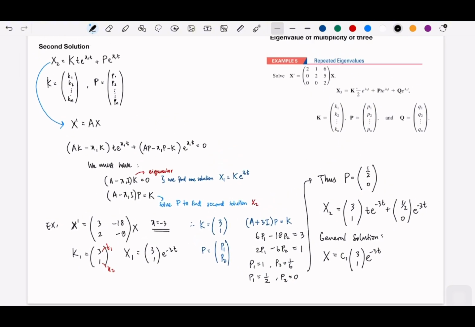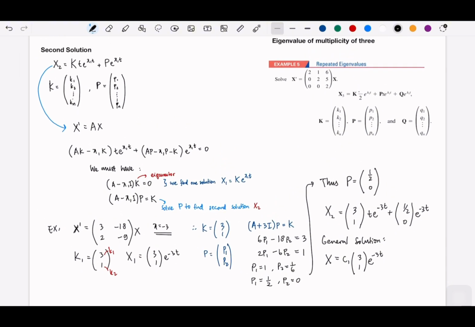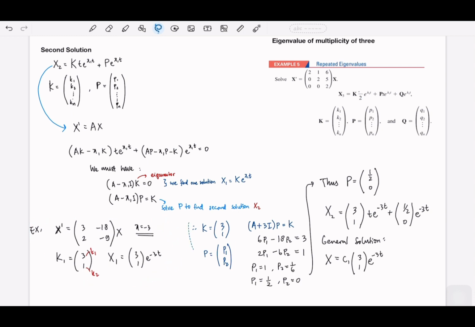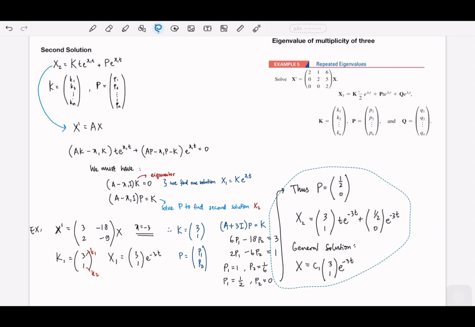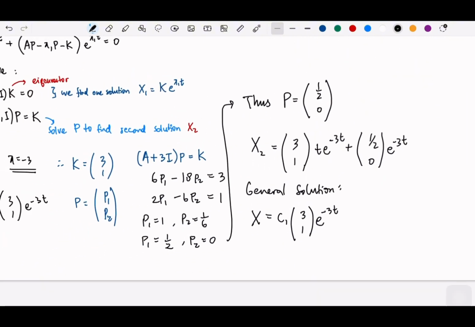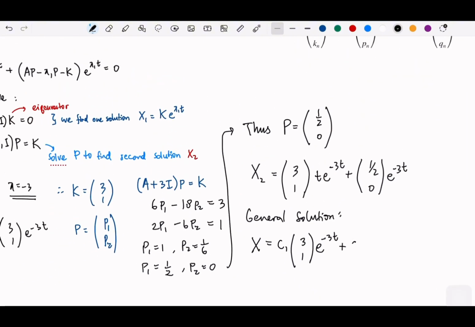Let me write carefully. Okay, so the general solution will be plus C2, and this is 3, 1 T e to the negative 3T, plus another one.